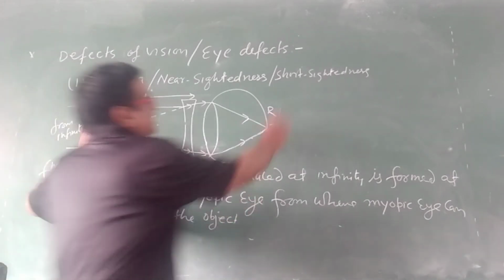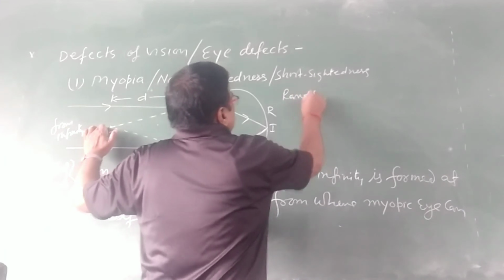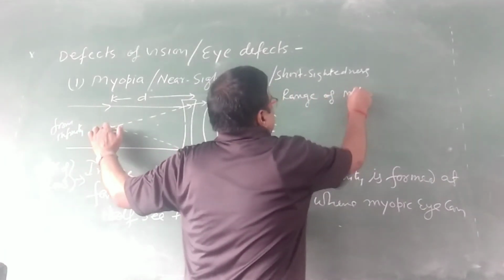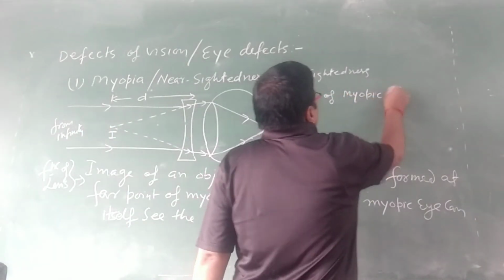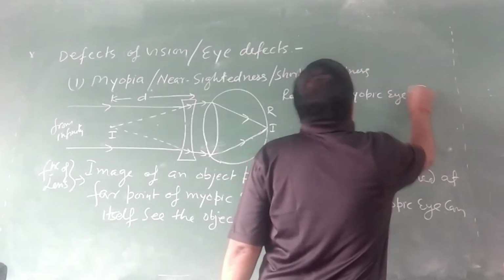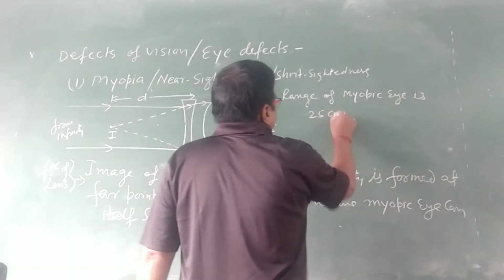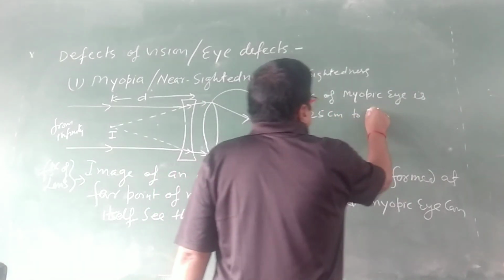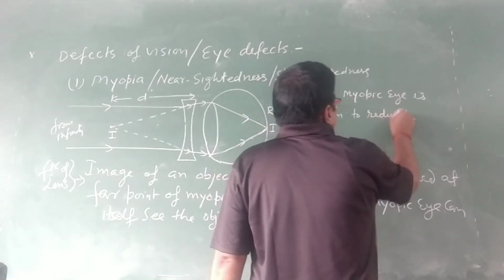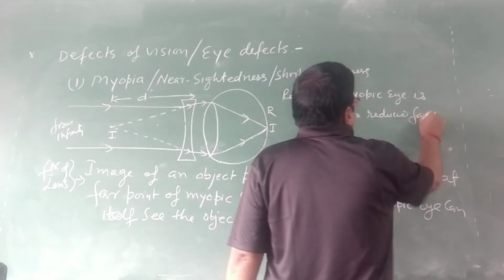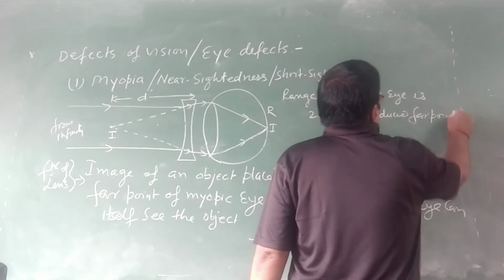The range of the myopic eye is 25 centimeter to the reduced far point.